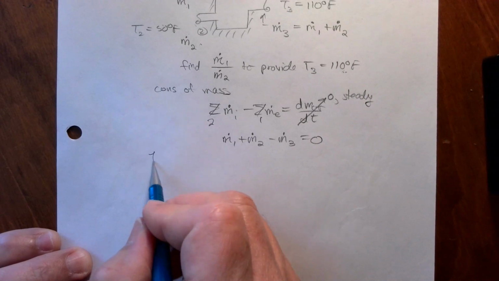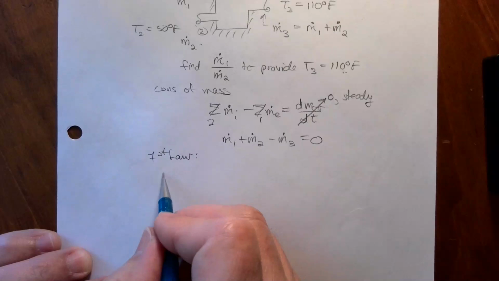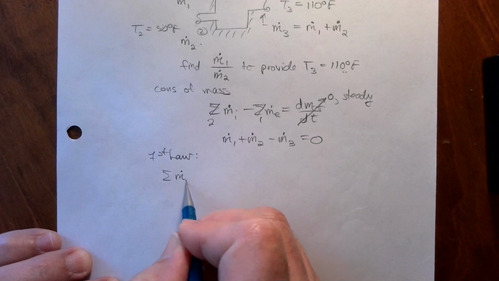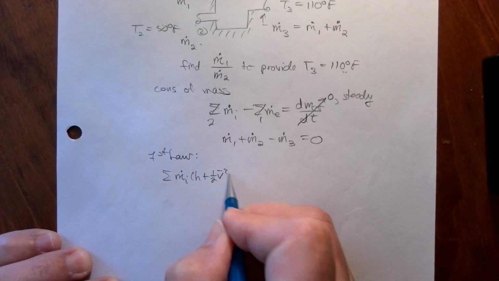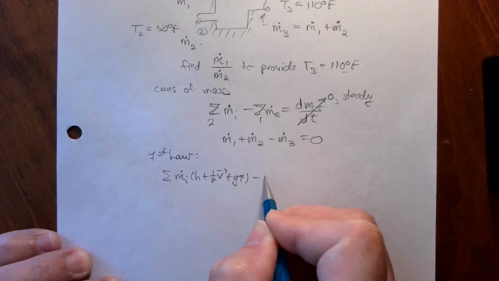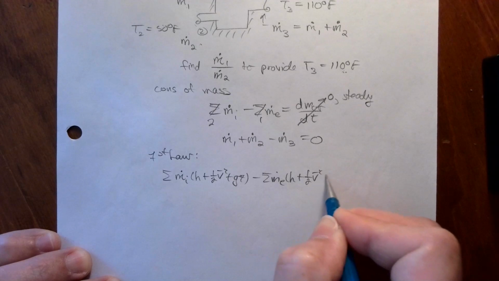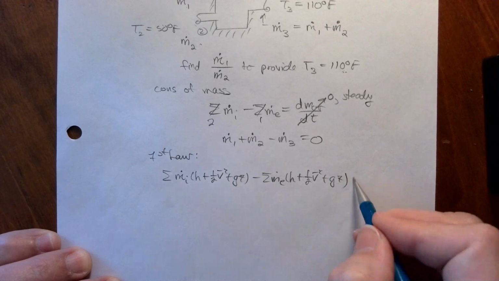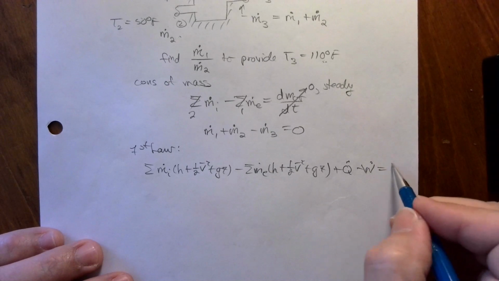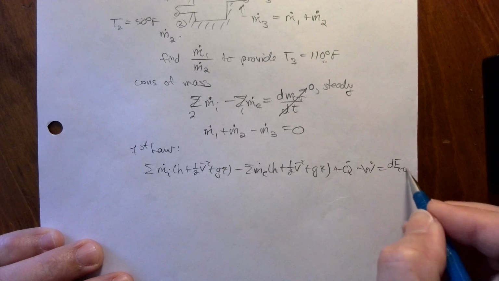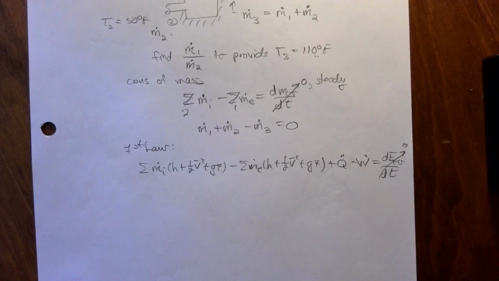Now let's write down the first law. That will also give us a constraint for this problem. The summation of m dot in, h plus 1/2 the velocity squared plus gz, minus the summation of m dot exit, h plus 1/2 the velocity squared plus gz, plus q dot minus w dot is equal to 0, because it's in steady state.